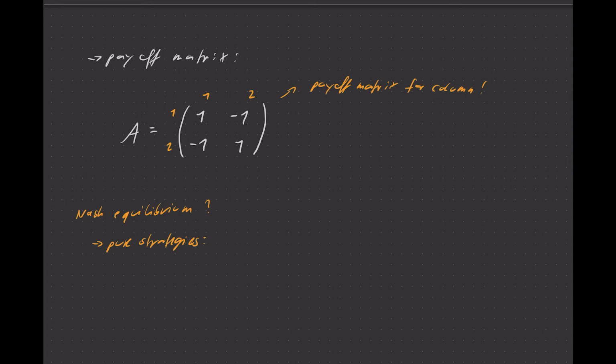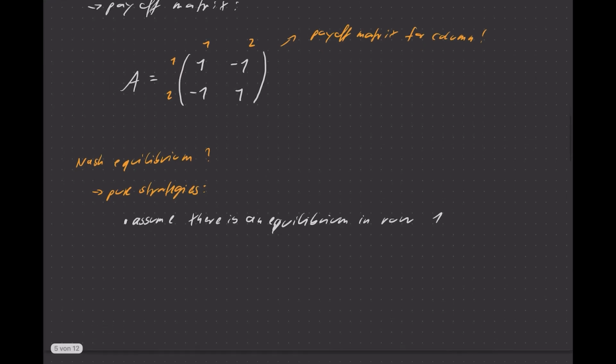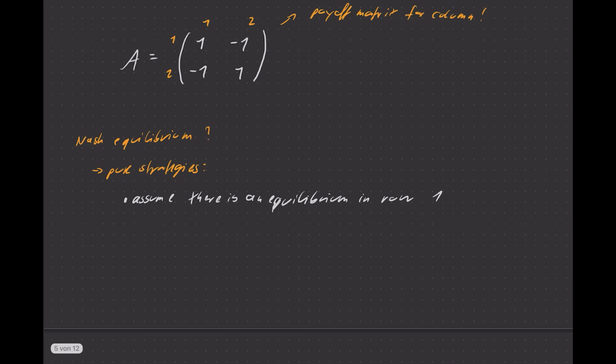And then we have a look at row 2. So first assume there is an equilibrium in row 1. Now, if that is the case, let's have a look at row 1.